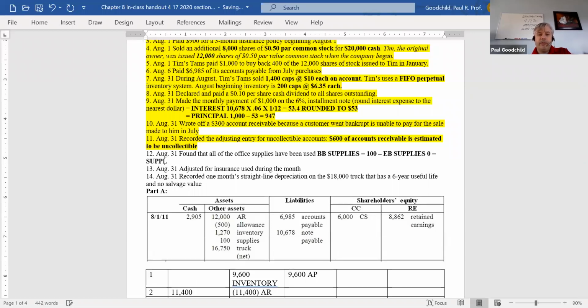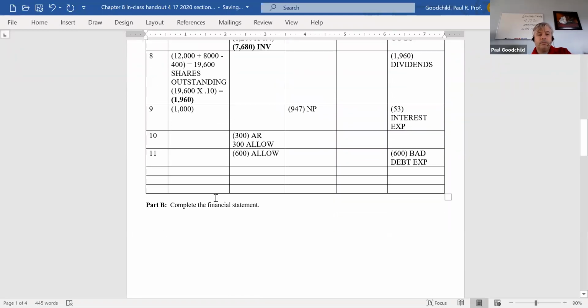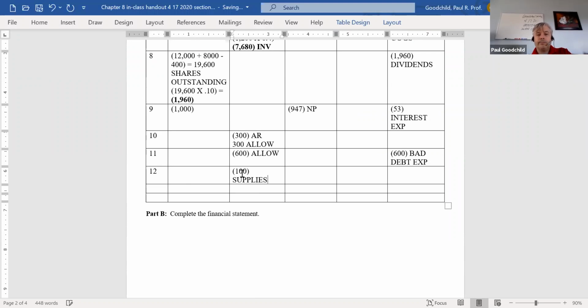So supplies used equals 100. Supplies expense.